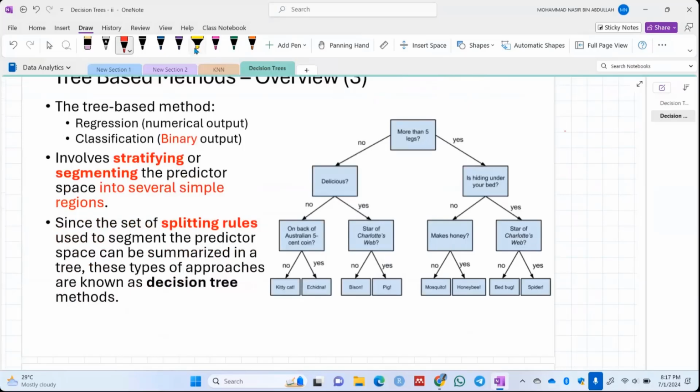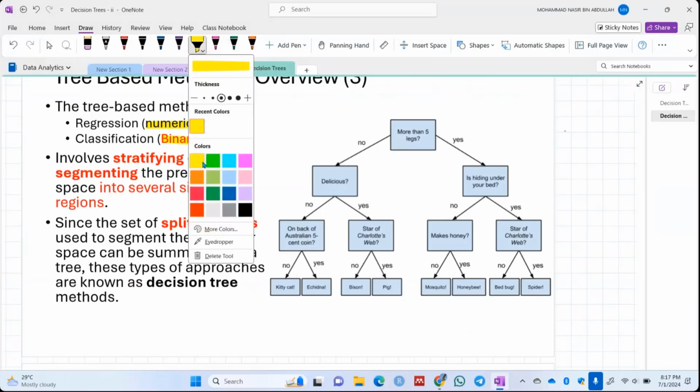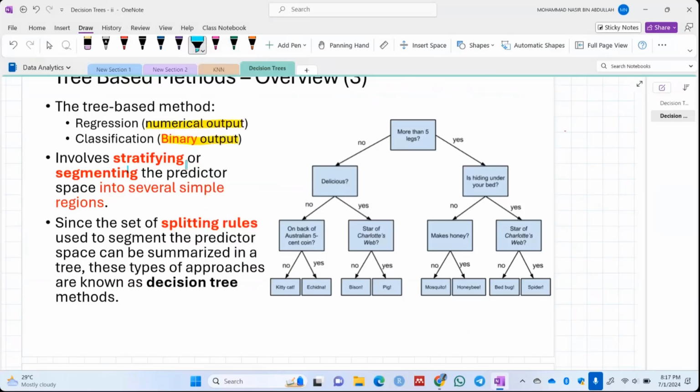Right. So as I said just now, the tree-based method can cater for regression tasks, right? Regression task is basically where we have a numerical output. The dependent variable is numerical. Classification task, the dependent variable is categorical. So it involves stratifying or segmenting the predictor space into several regions. So in this method, we're going to segment the predictor or input variables into several regions, right?